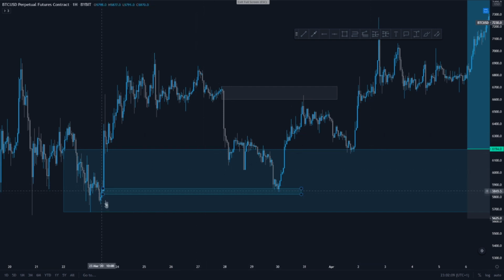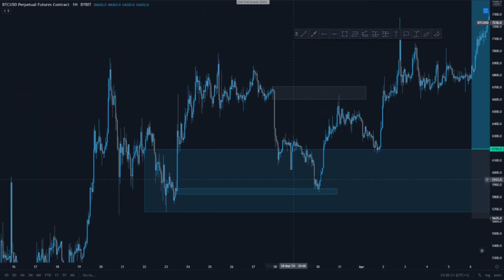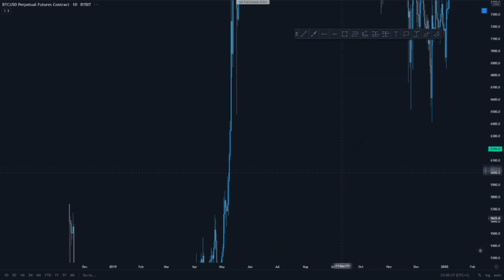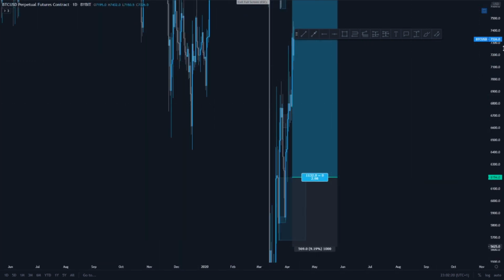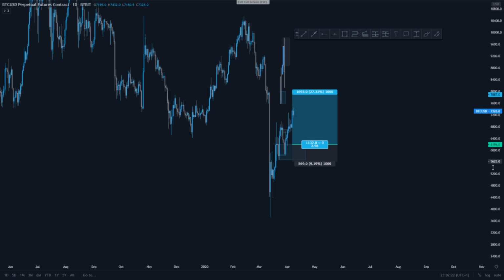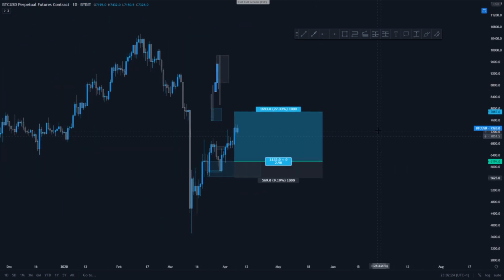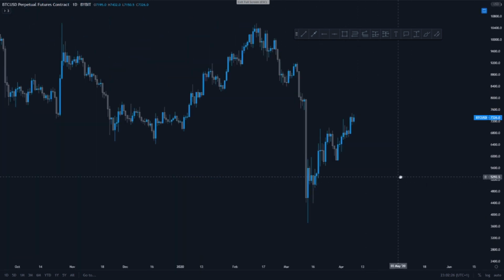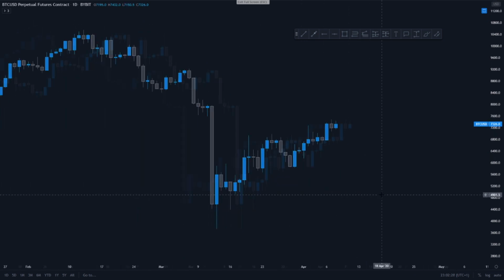So engulfing structures. This is it, guys. If you want to trade supply and demand, then you can look for engulfing structures. It is a powerful method to validate strong zones. Okay, let me show you another example.